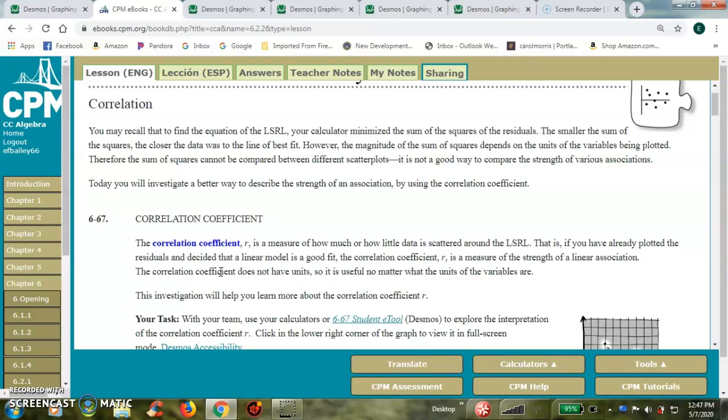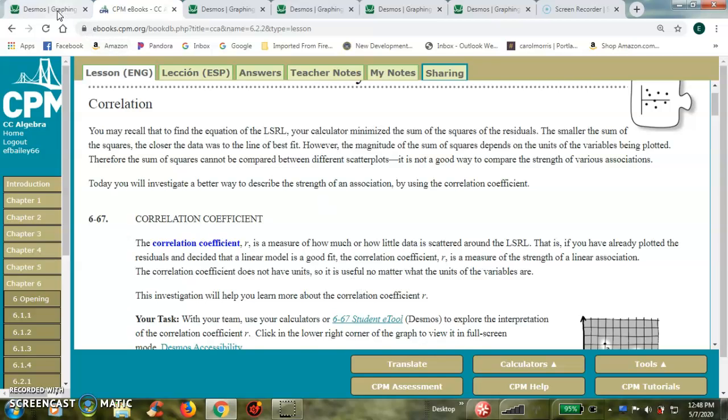That is, if you have already plotted the residuals and decided that a linear model is a good fit, the correlation coefficient, R, is a measure of the strength of a linear association. The correlation coefficient does not have units, so it's useful no matter what the units of the variables are. Okay, so the point here is we can now put a number to how strong an association is. We don't have to just make our own guess about whether it is weak, moderate, or strong. We can put a number to it.